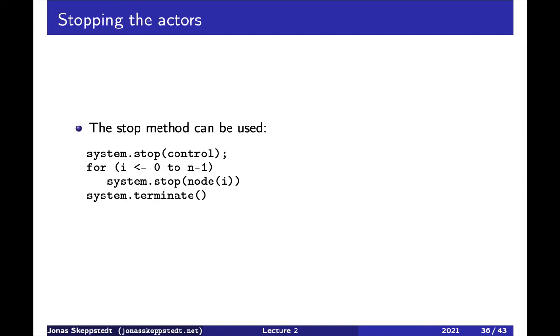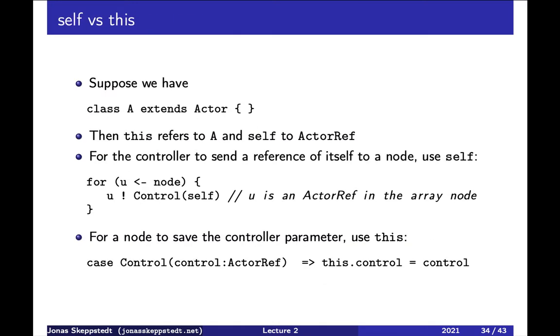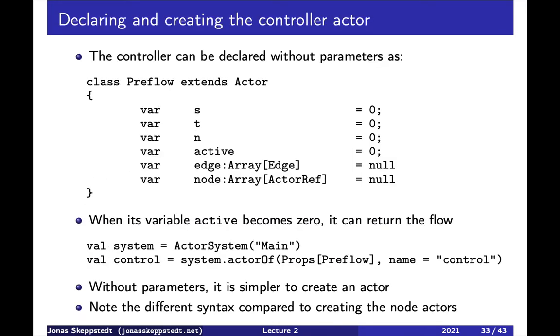We need a way to stop the actors when we are finished, and I forgot to say in the previous video that this system, we use actor system, and I mean this function to get a value that is the factory to create new actors, and also to control the termination of the actor system.